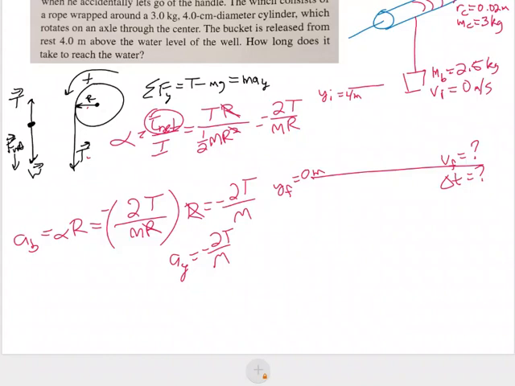That's also going to be the acceleration for the cylinder, and that will be the acceleration for the cylinder because they have to be the same. Okay, so now I can solve for tension. I can multiply by m, divide by negative 2. So I have tension equals negative 1/2 mass times acceleration in the y direction.